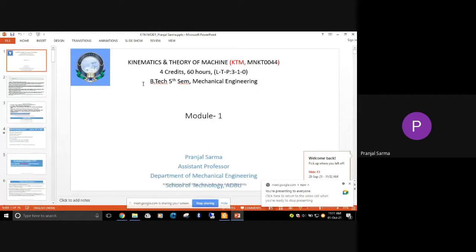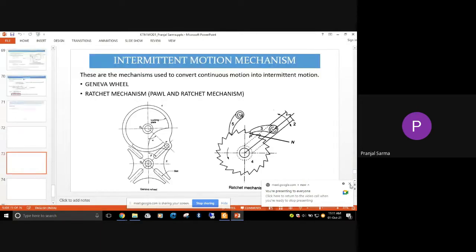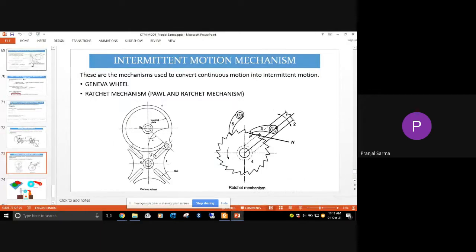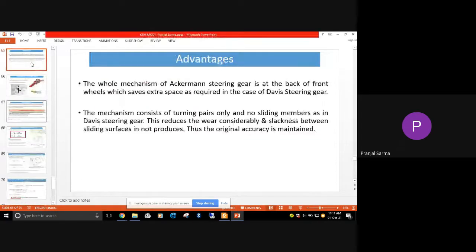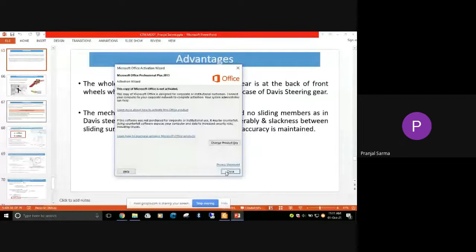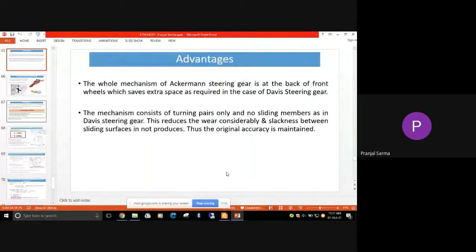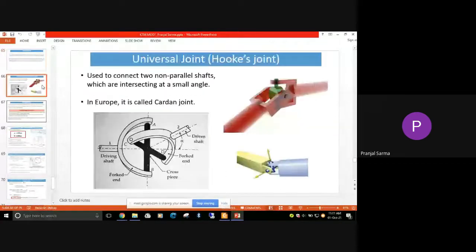So, in the last class, what we have discussed, do you recall? Anyone? No. So, in the last class, basically, we discussed the universal joint, also known as Hooke's joint.